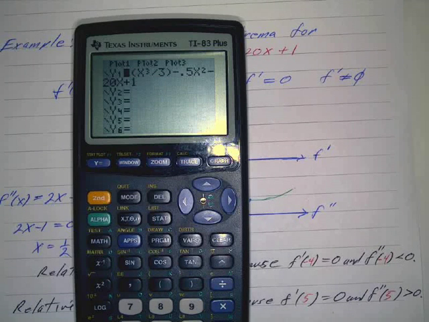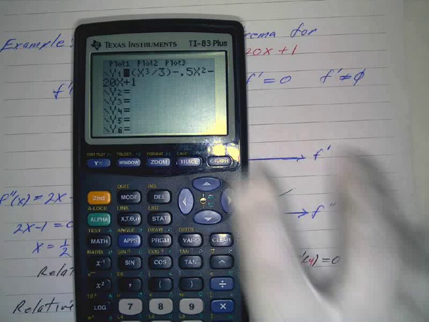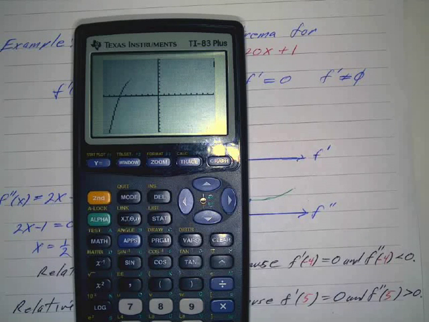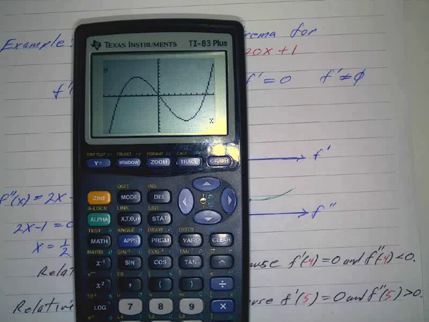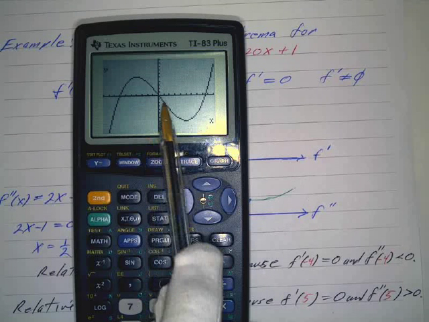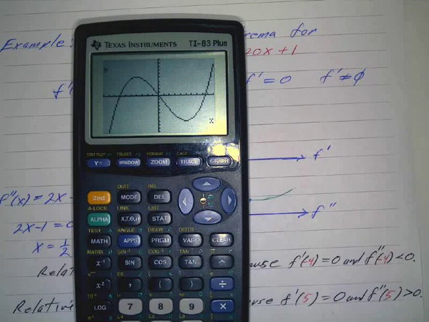And then when I graphed it, there's your relative maximum where it's concave down, and relative minimum where it's concave up. Okay, see it right there, okay? Relative max, relative minimum. If you trace it out, you'll get those values for x. And you can see that your point of inflection is right about here at about a 1/2, okay?